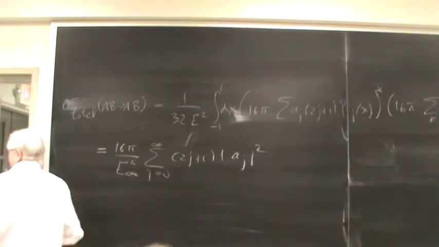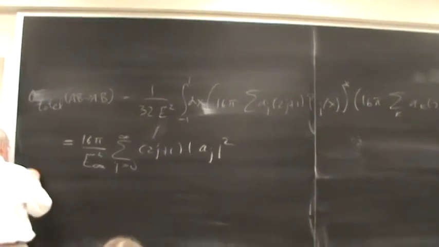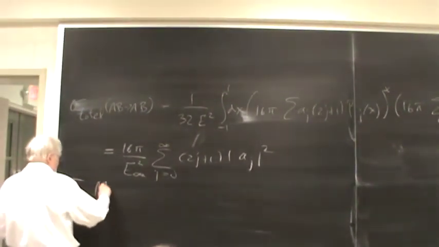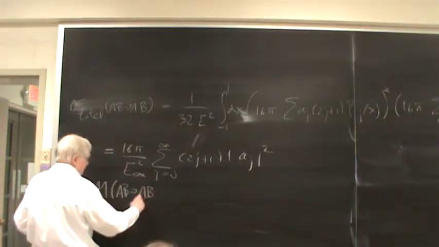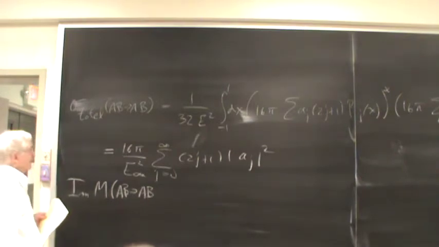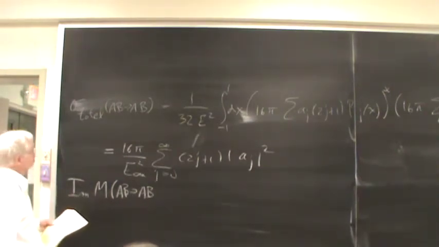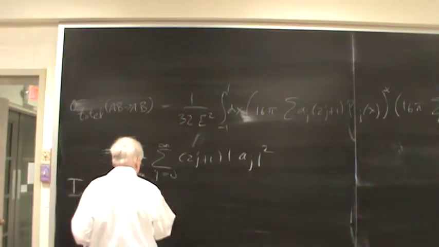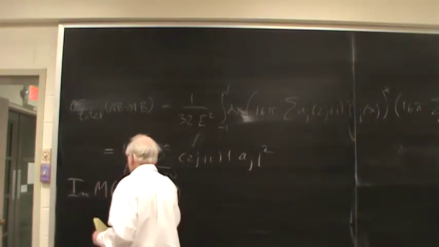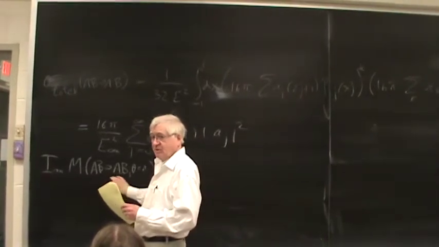So what does this say when you get back to the optical theorem? When you apply the optical theorem, what it says is that the imaginary part of the amplitude AB goes to AB, if we go to theta equal to 0, this is forward, in other words. So remember, to get the nice results, we set initial state equal to final state.